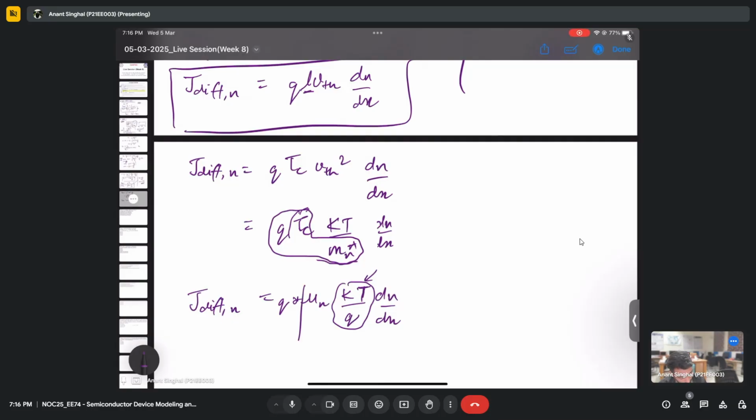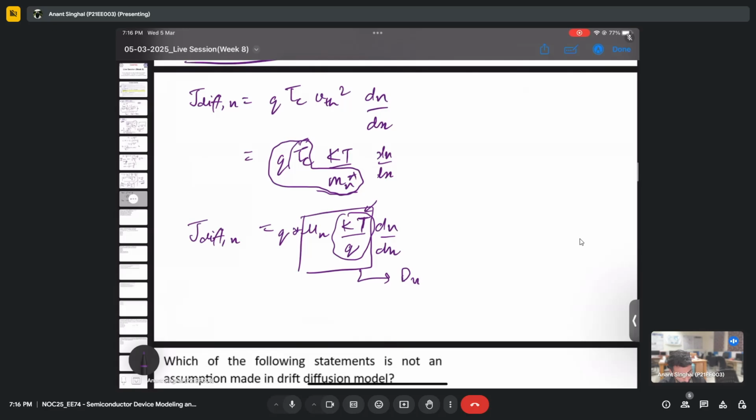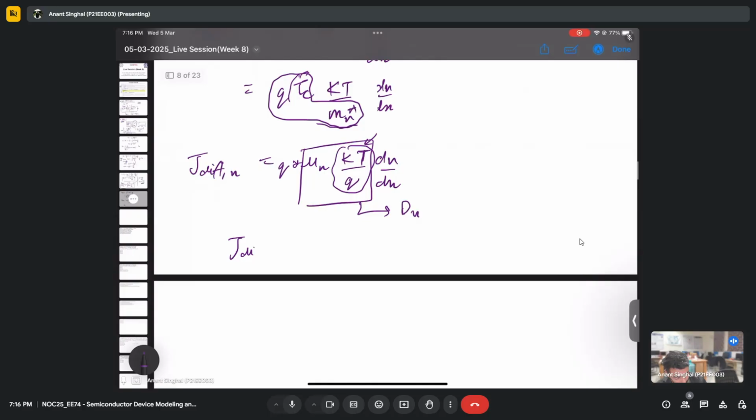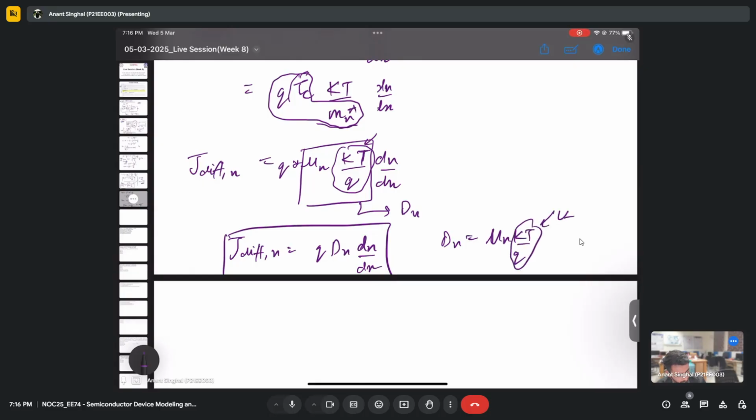So I multiply and divide by q. This term is also known as the diffusion constant, and it is denoted by capital Dn. The final J diffusion for n type comes out to be q Dn dn over dx, where Dn, as I said, is nothing but mu n kT by q, which is nothing but Vt. So you can also write Vt directly.